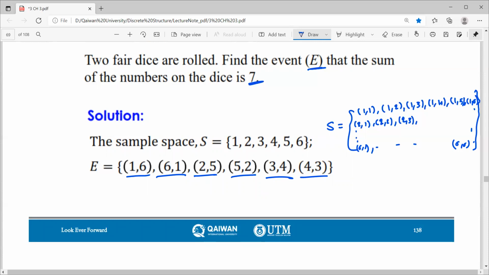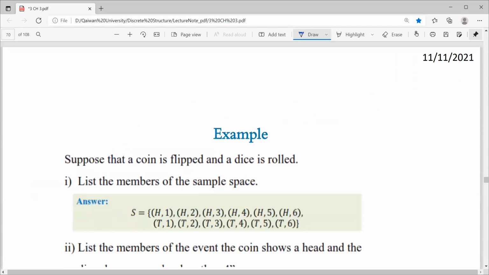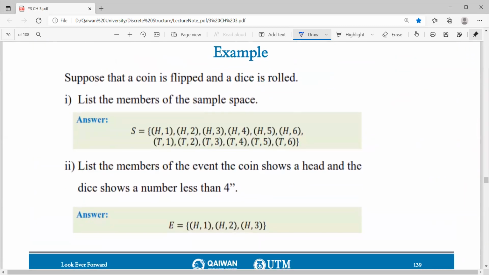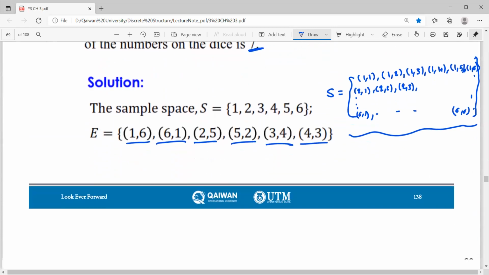We have no more elements in S such that the sum of both elements is 7. Okay. So here, in rolling 2 dice together, the most important thing is to write down the sample space. If you can write down the sample space, it's easy to answer each question about that.